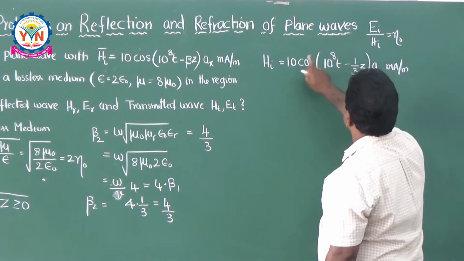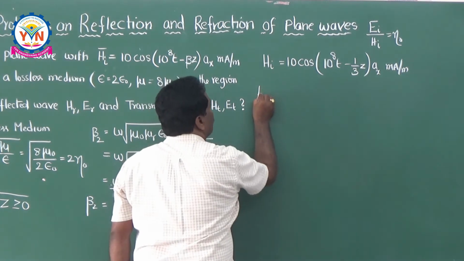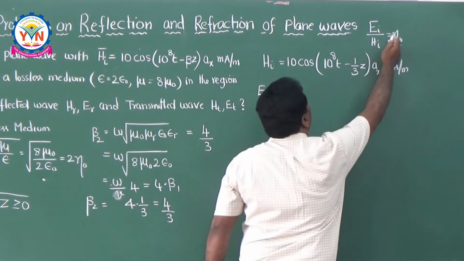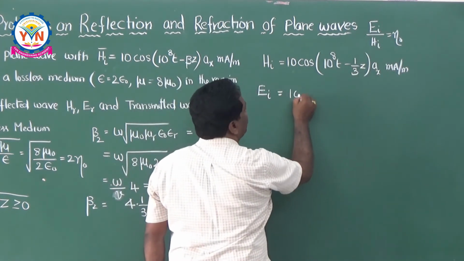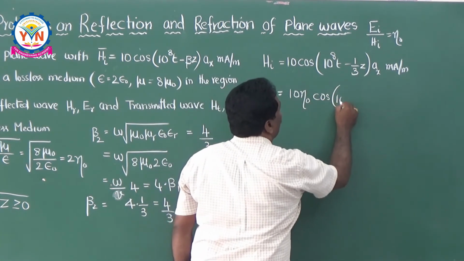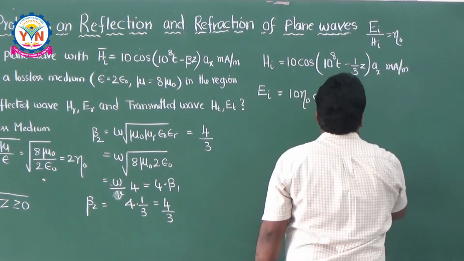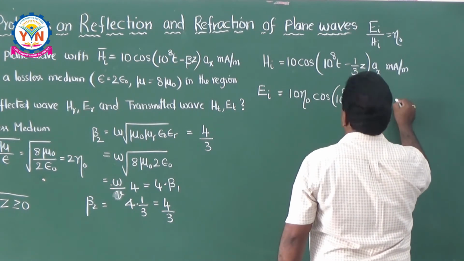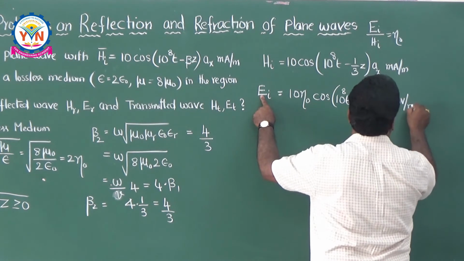For writing the equation for the electric field intensity, E_i is equal to H_i into eta naught. That is 10 eta naught cos(10 to the power of 8 t minus 1 by 3 z), in millivolts per meter.